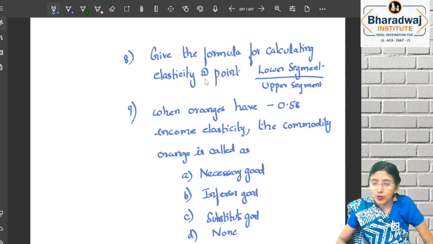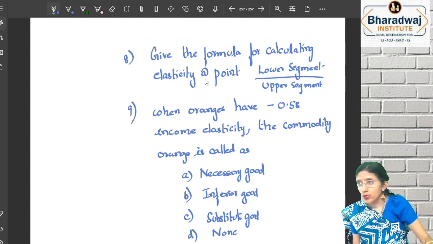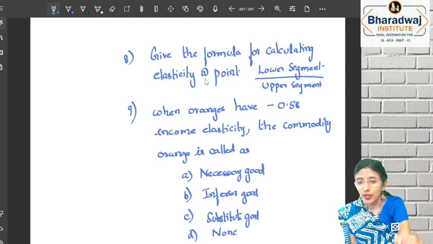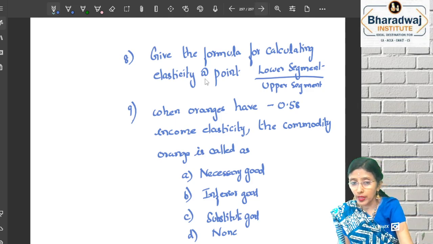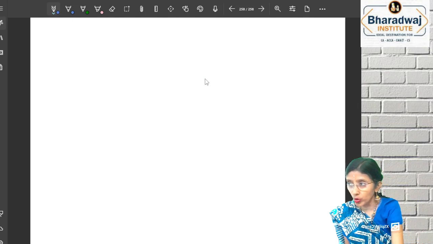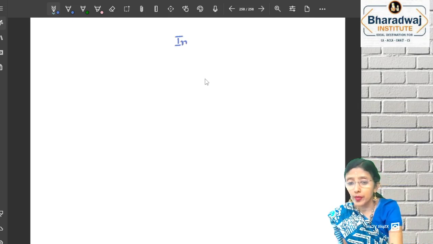Do you want me to do a small recollection on income demand so that you can check your answers with this thought? Please look at income demand or income elasticity of demand. Both are very important.